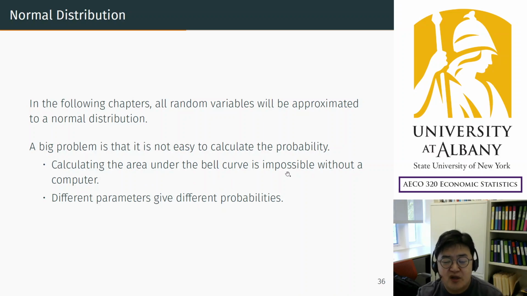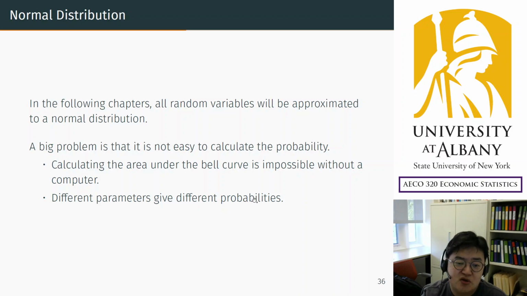So it requires a computer. Wikipedia gives you a formula for the PDF, but even if you know the formula, it is nearly impossible to calculate that, to integrate the function.